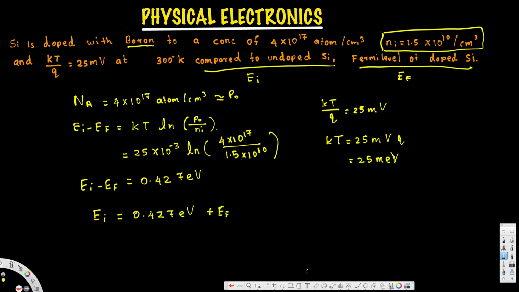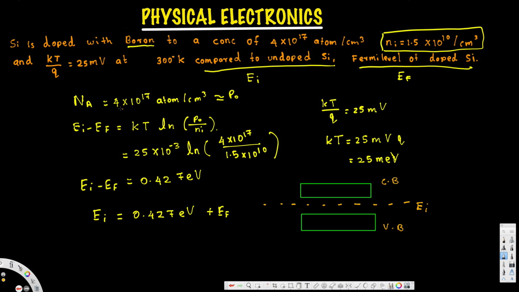Okay, now let's go ahead and draw this in a diagram and see the location. Here we are going to have the conduction band and also the valence band, and the intrinsic level is exactly in the middle, it's always in the middle. So this is Ei. The bottom part is the valence band, and the top part is the conduction band.